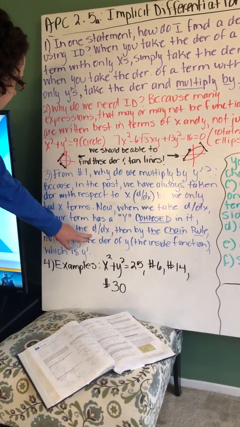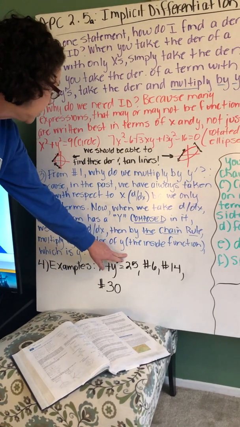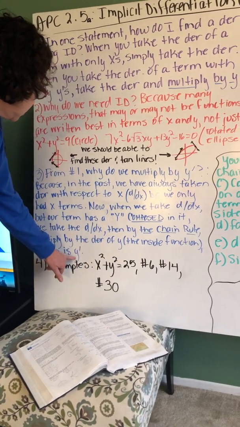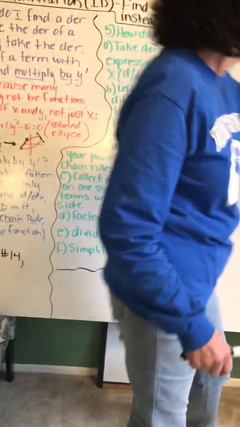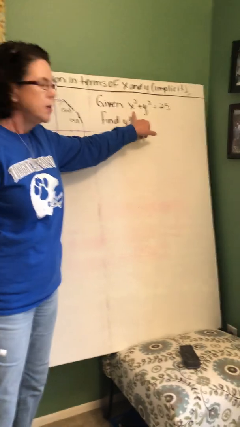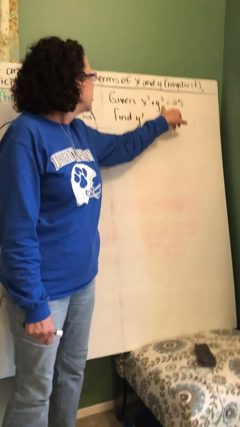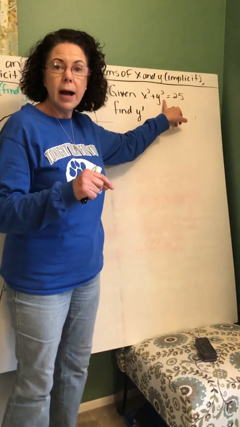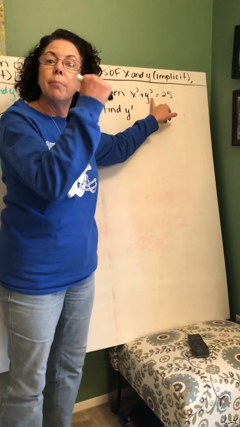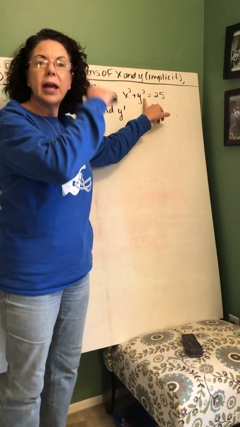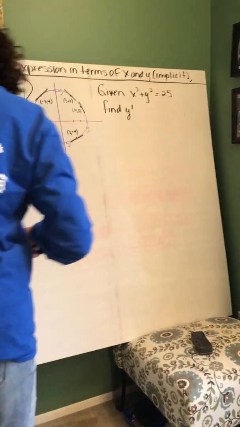We take the derivative with respect to x, then by the chain rule, we multiply by the derivative of y, the inside function, which is y prime. So for instance, when I take the derivative of x squared, 2x, because it's with respect to x. When I take the derivative of y squared, it will be 2y times the derivative of y, because there is a y composed in my x function, so I have to multiply by the derivative of the inside function.